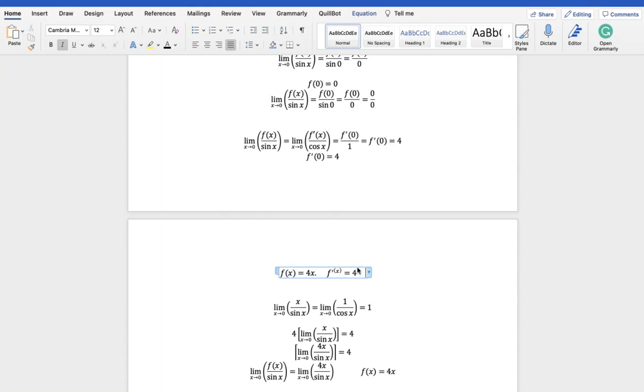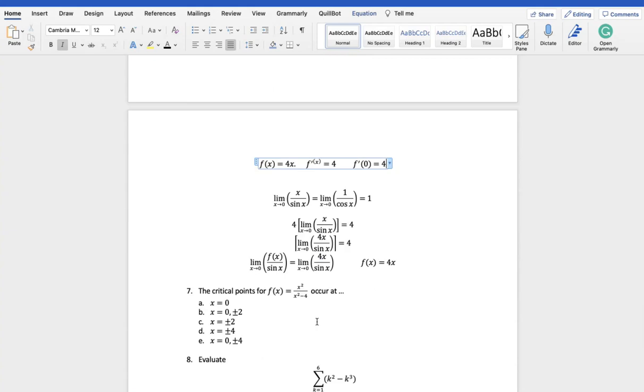And when you substitute 0 into that, you just have that it's equal to 4, stays 4, because there's no term in x, right? Okay, hopefully this makes sense, guys.